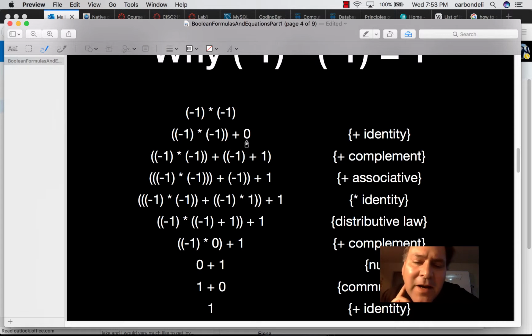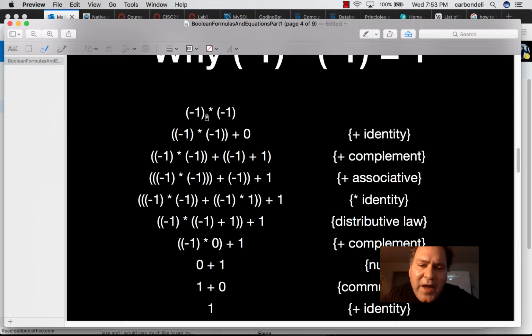And the thing to keep in mind about the axioms, which are over here at the right, so you can see we have sum identity, sum complement, sum associative, product identity, distributive law, sum complement, null, commutative, and also sum identity.